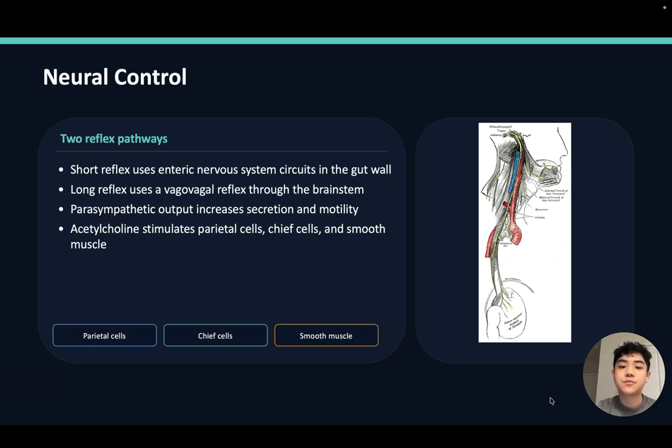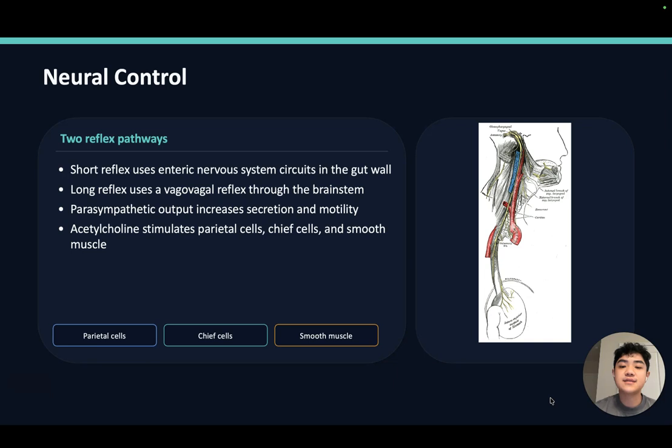Now let us talk about neural control. This is where coordination becomes very obvious because the stomach uses reflex pathways to respond quickly and in an organized way. First are the short reflexes. These are local reflexes controlled by the enteric nervous system, or ENS.